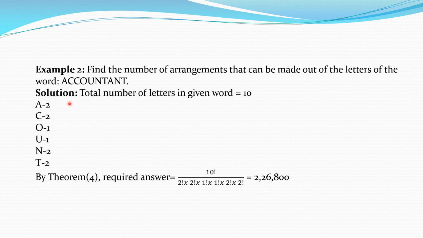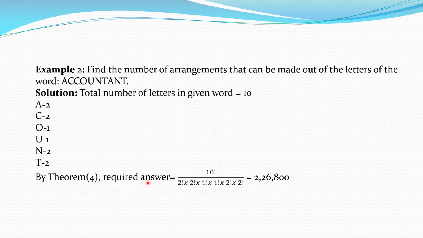So these 6 different letters we can consider as 6 types of letters, where the first type is A, which is appearing 2 times. So this is one type in which these objects are identical. This is second type, these are identical. So in this way, total 10 letters are divided into 6 types, and all the letters of that type are identical. So while doing the arrangements, we have to use theorem number 4.